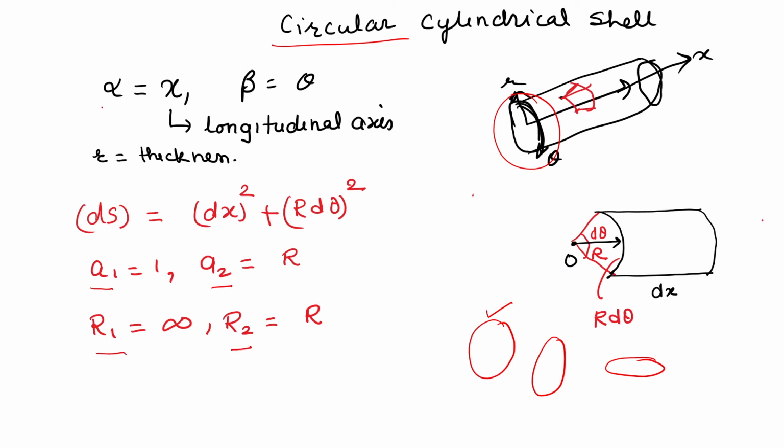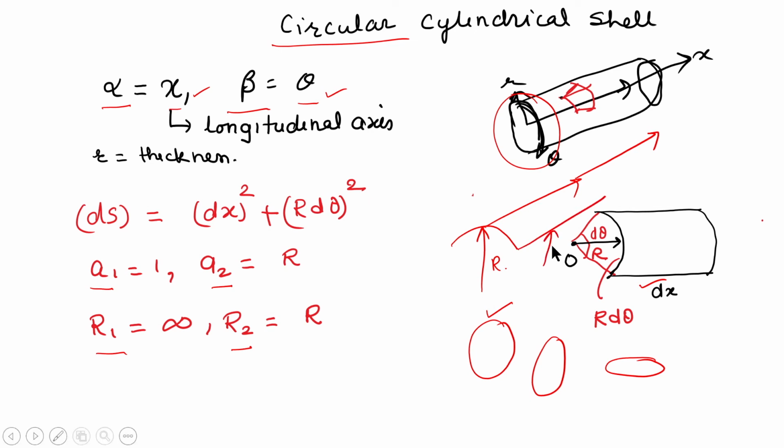So, for this case alpha is x. X is the length along that direction, and beta is along the circumferential direction, the theta direction. So, if you cut a cylindrical element and see it from the bottom, you will find a radius in that direction, and in the longitudinal direction, the lengthwise, in the second direction, infinity.